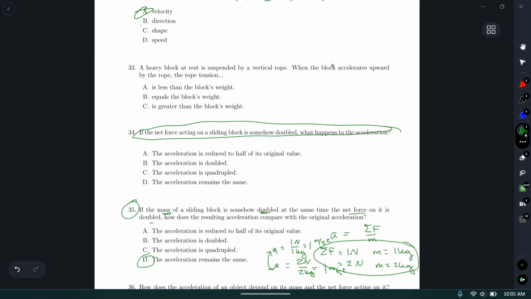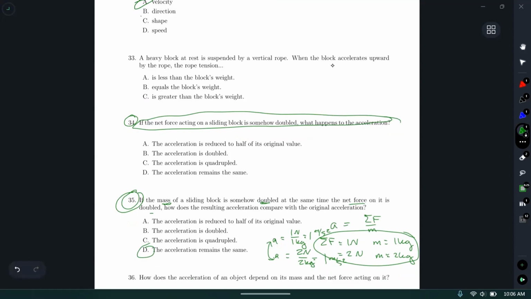Now mass hasn't changed, just the net force has. What do you expect that'll do to the acceleration? You don't have to give a number, just how would the acceleration change? It would increase. So the difference between these two questions is that both things changed in 35, and only one thing changed in 34.